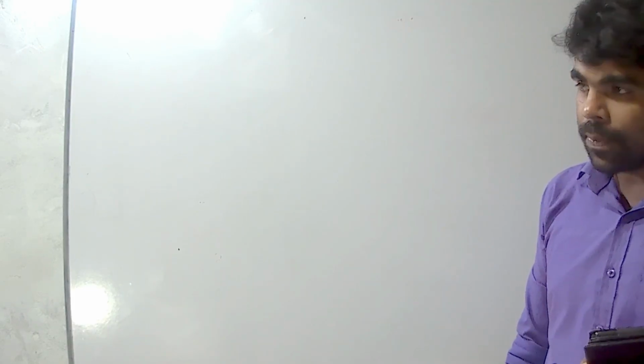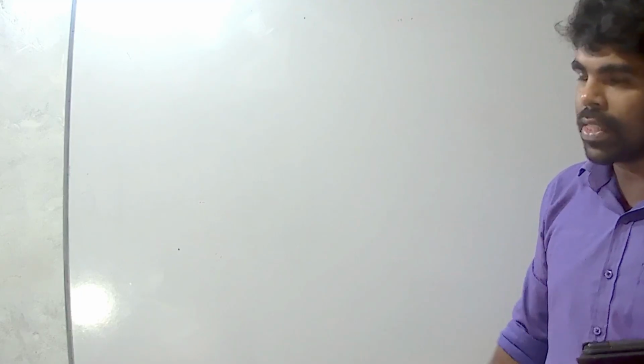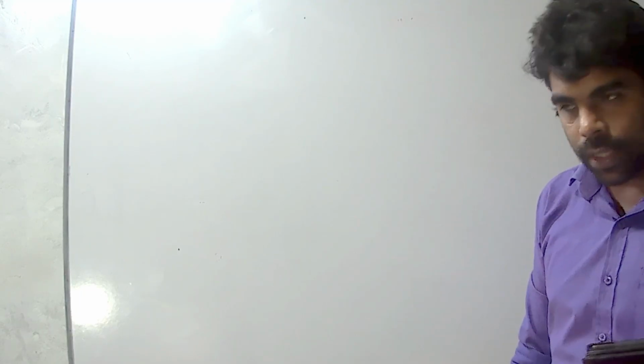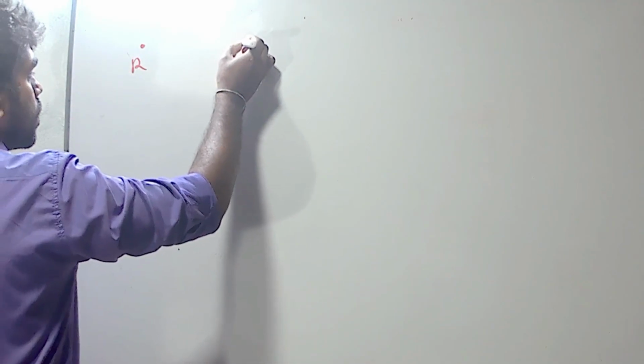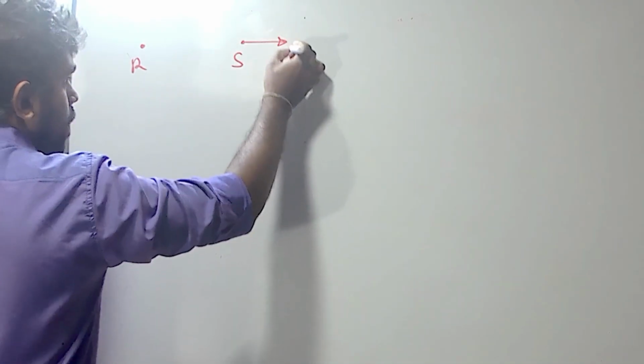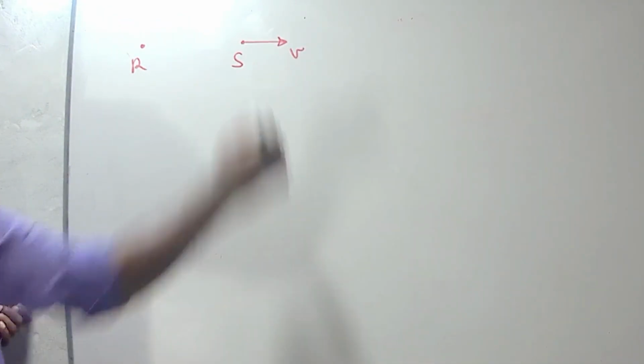Therefore, there is a decrease of frequency due to the relative motion. It means the car should move away from the receiver. We have to find the value of velocity.